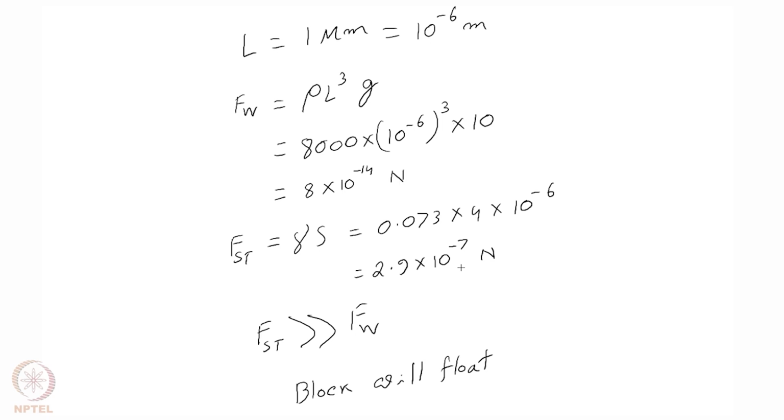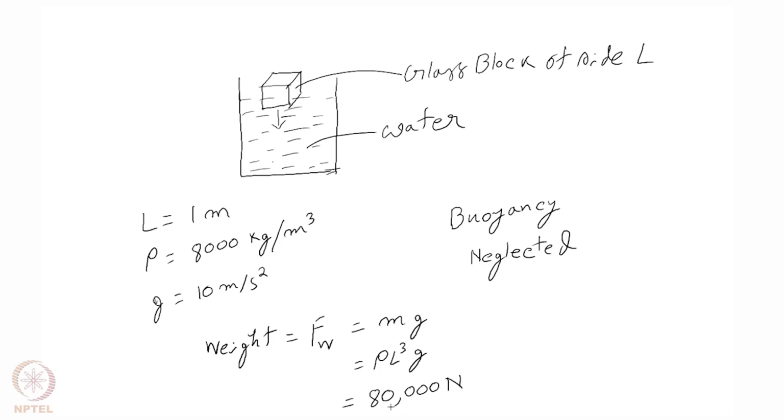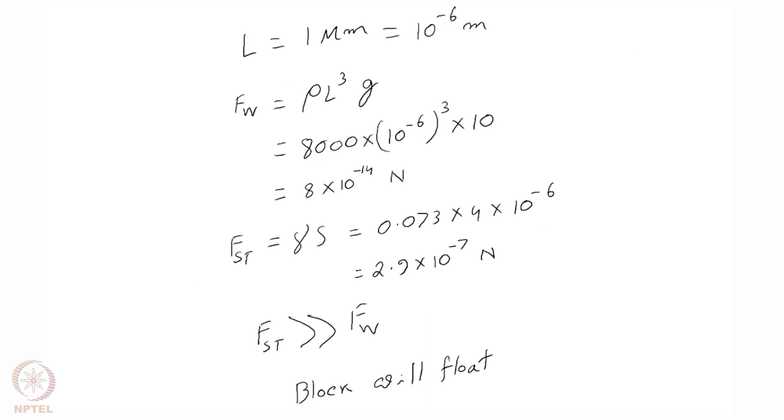So the surface tension force has also decreased, and by several orders, right? But the weight force or the gravitational force was 80,000 Newton, and from that it came down to 8 into 10 to the power minus 14 Newton. So the gravitational force decreased by a much larger amount, because gravitational force is a volumetric force and it has a cube, in its power it has 3, so it became 10 to the power minus 18, whereas for surface tension force it has only L, so it has reduced by 10 to the power minus 6, right?